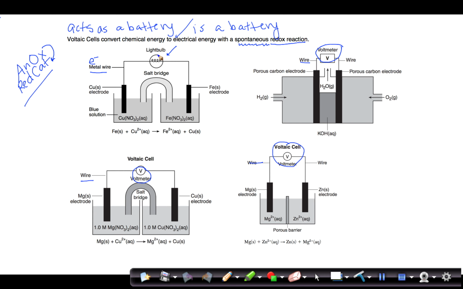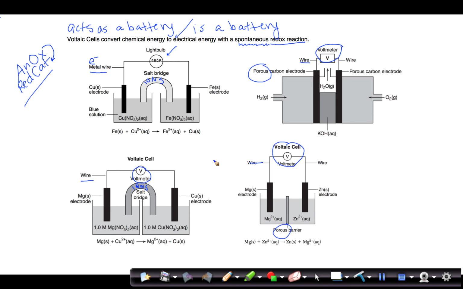Another item that has to be present in a voltaic cell would be a salt bridge, or a means for the ions to get from one place to another.